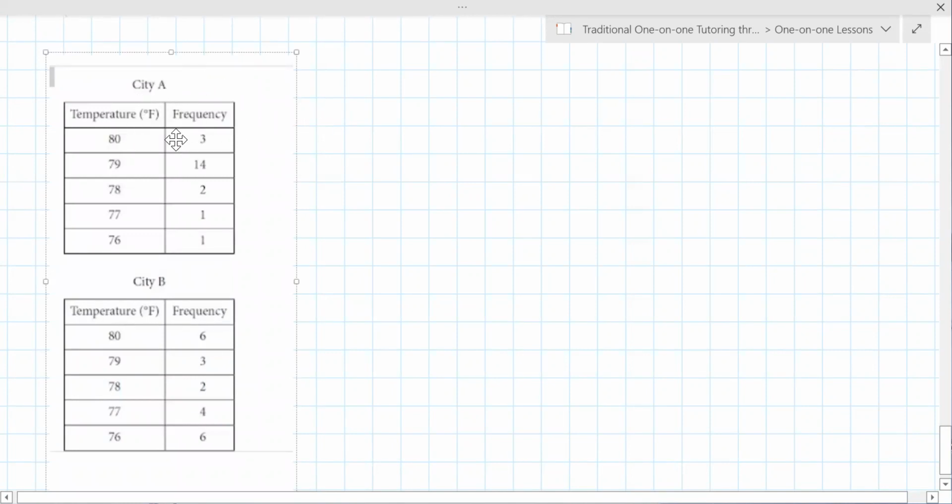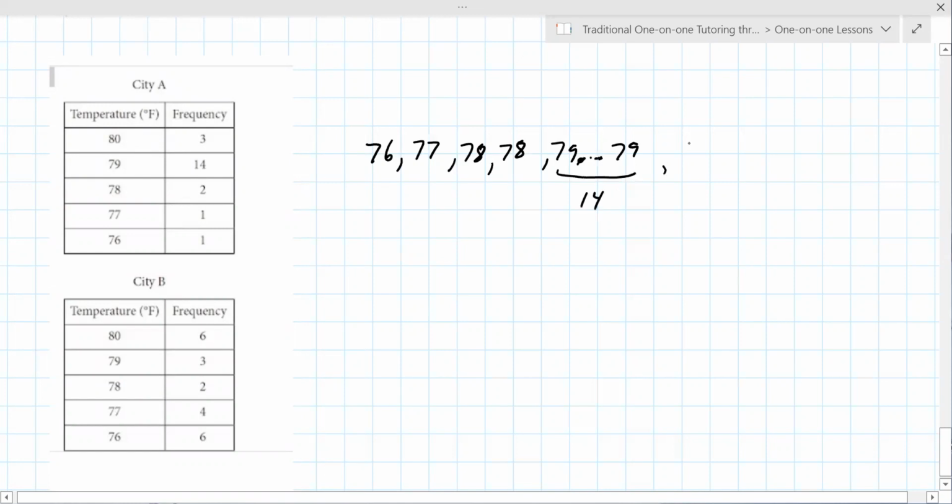Sometimes you're like, okay, what does this mean? So city A has a frequency of 3, maybe 3 days of temperature 80, and then 14 days at 79, and then 2 days at 78, and 1 at 77, 1 at 76. So the data set looks like this: 76, 77, 78, 78, 79 (but there are 14 of them), and then 80, 80, and 80.